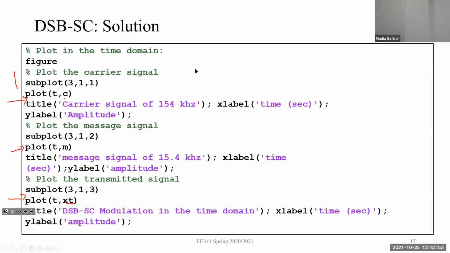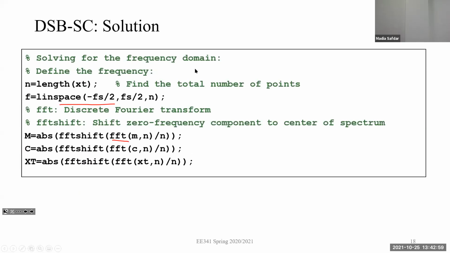Now your final signal is x of t here. So my n, the number of samples, will be the length of x of t. Then linspace from minus fs divided by 2 to fs divided by 2, with n total number of samples.